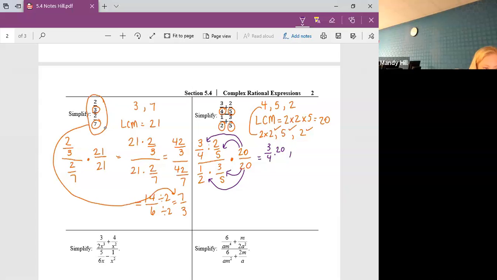These are supposed to be pluses, sorry, I copied that down wrong. Plus 2/5 times 20 over 1/2 times 20 plus 3/5 times 20.